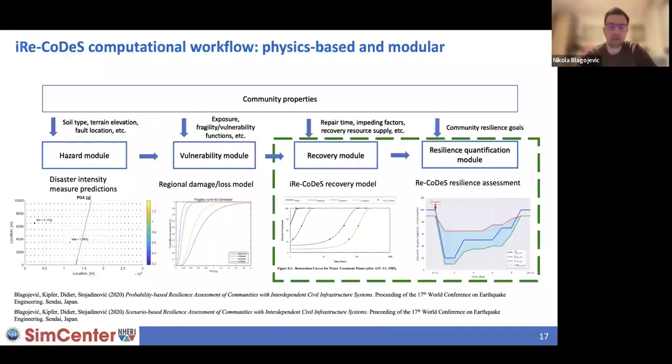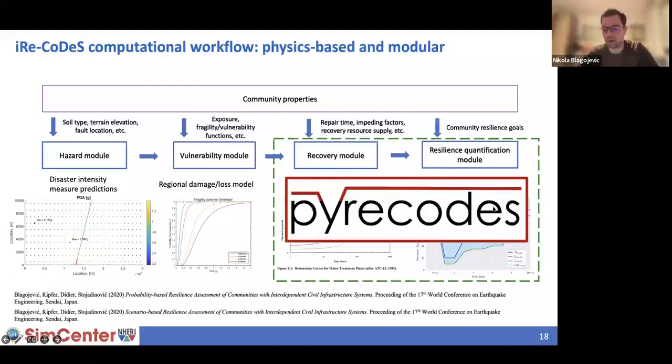But what we do, we extend this workflow by putting in the recovery module, which simulates the recovery of these components from this estimated initial damage. And finally, we quantify resilience. So basically, iRe-CoDeS covers these two modules here. So if you want to use iRe-CoDeS, you do need to have other modules giving you the initial damage of your built environment. And this is what we're going to use R2D2 for.